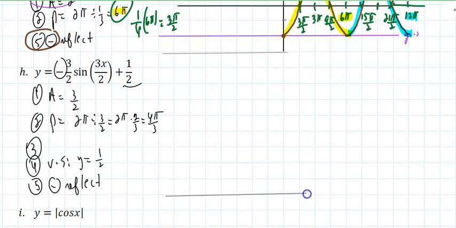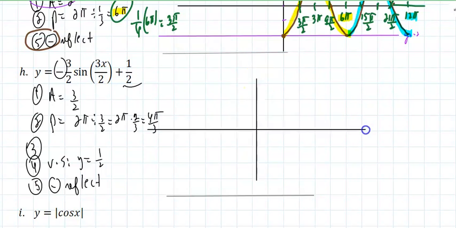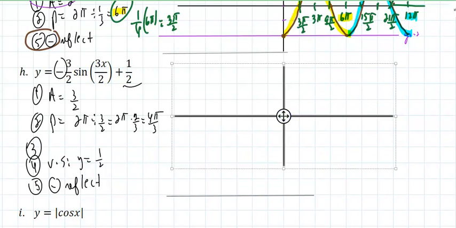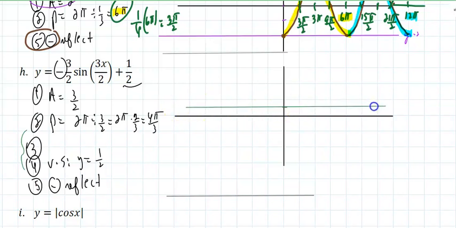Okay, it has almost everything. The phase shift we're going to do on our next session. So I need to get this out of the way first. I start with my shifts. I have a shift of 1/2. Y equal 1/2.